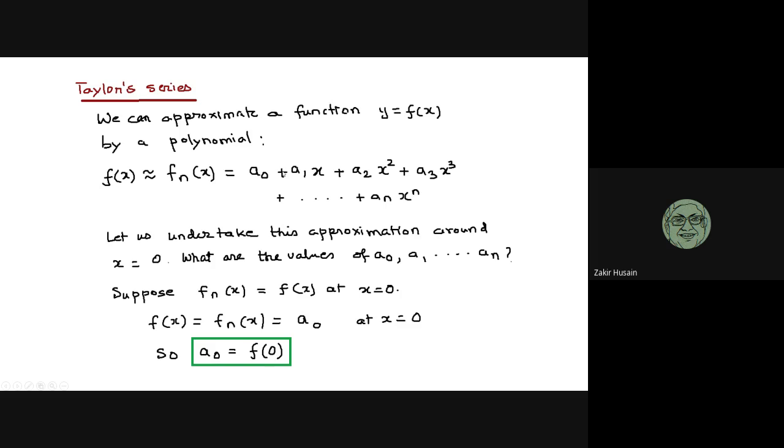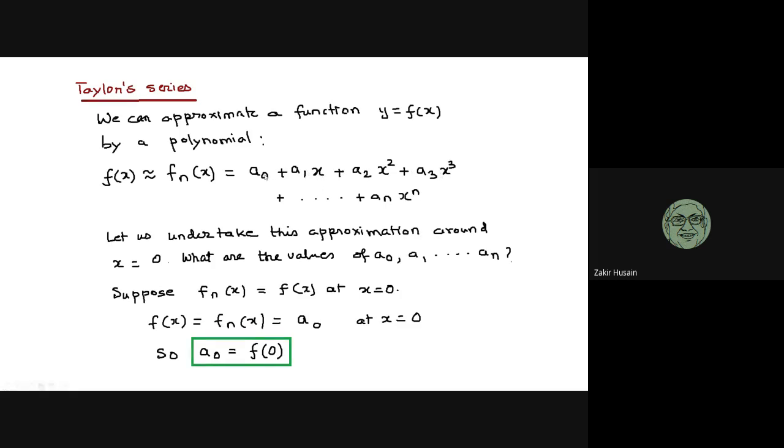But what are the values of a0, a1, a2? Unless we know them, we can't write out this function in this polynomial form. So let us take the approximation around x equal to 0. So we are setting x equal to 0. If x equal to 0, all these will become zeros.